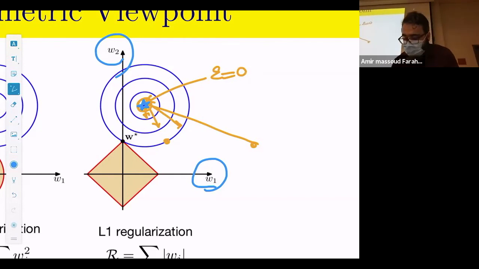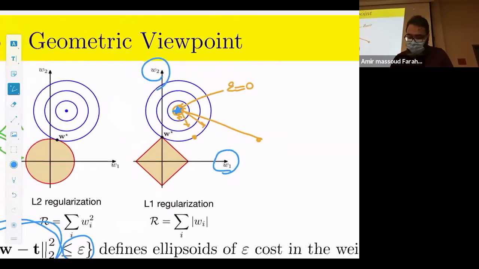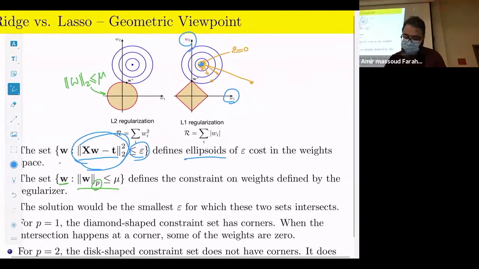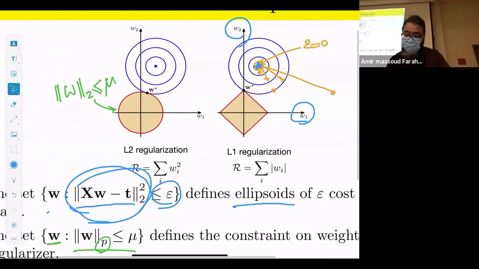As I get farther from the minimum, it defines different level sets, but the shape is like a circle here, or in general an ellipsoid. Here I'm showing just a symmetric ellipsoid, a circle. So that was the L2 norm.